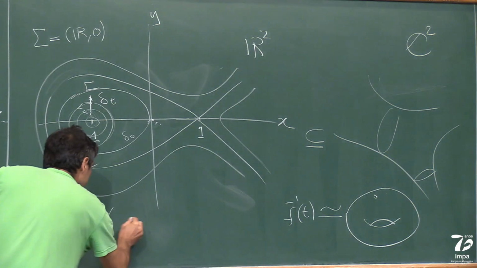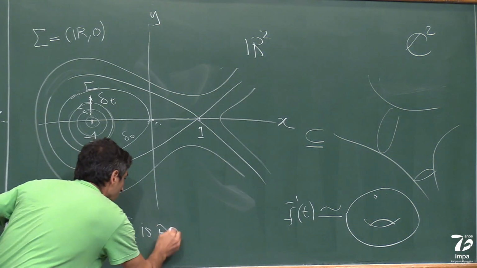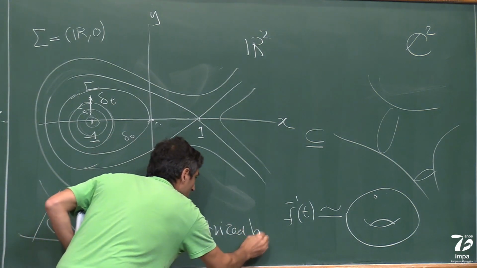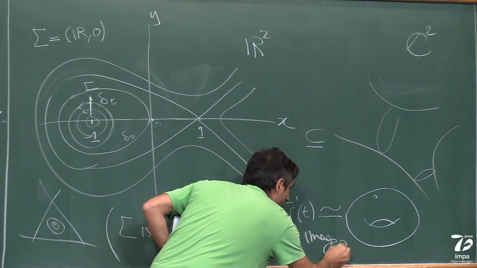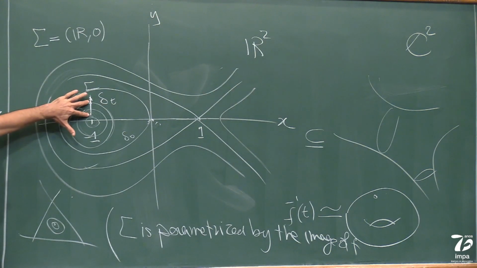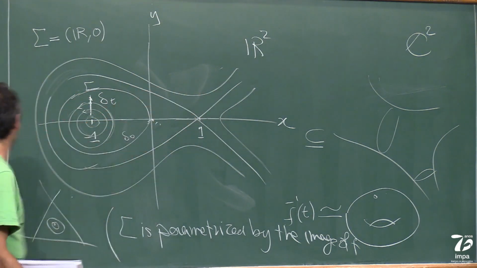This is very important because the formula works with this one. Sigma is parameterized by the image of F. You see? So the coordinate system on Sigma will be the image of F.